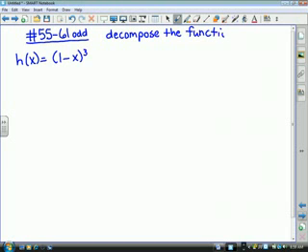That's what they're going to ask you to do. All right. What in the world does that mean? We're going to break it down. Exactly. That's exactly what you're going to do. So what we're going to do is f of g of x backwards. We're going to decompose it.